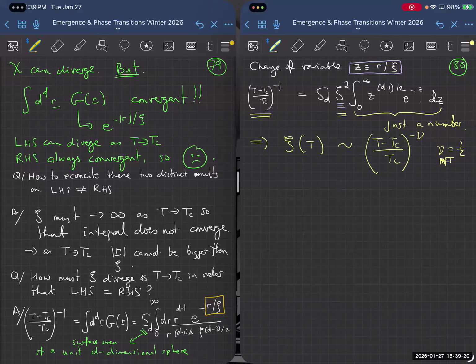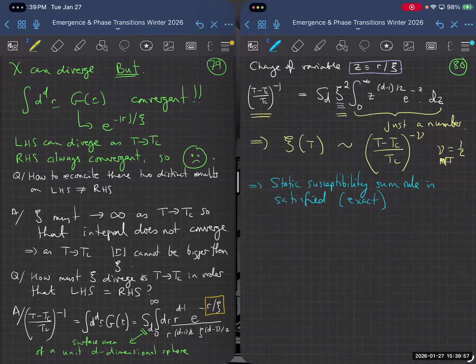So if nu is equal to 1/2, the correlation length diverges as t minus tc to the minus 1/2, and then I will satisfy the static susceptibility sum rule. It needs to be satisfied because it's exact, so it can't be violated.